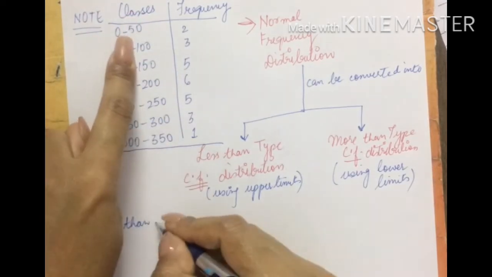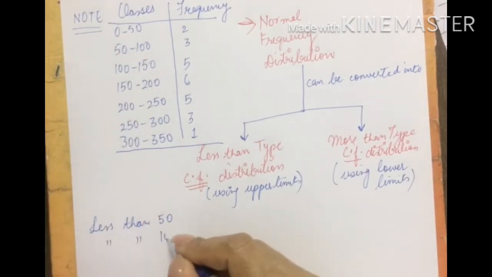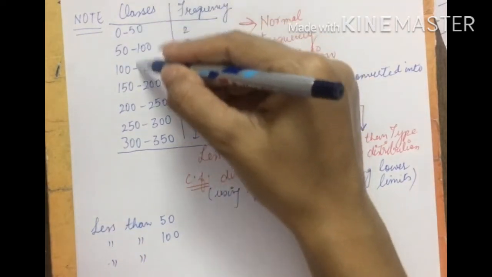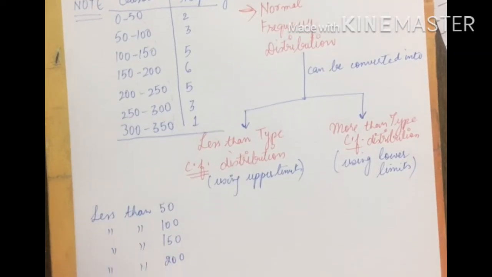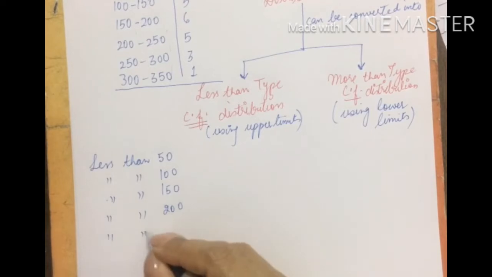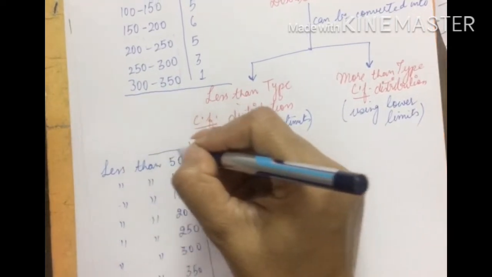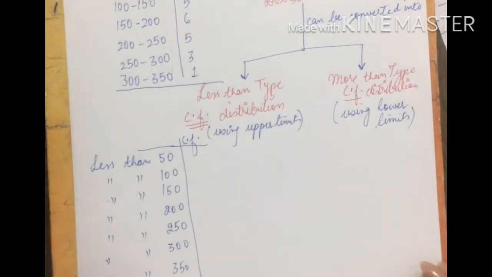So less than 50, then less than 100, and so on, only the upper limits will be taken here. 150, less than 200, less than 250, less than 300, and less than 350. And for this we shall be writing down the cumulative frequency.